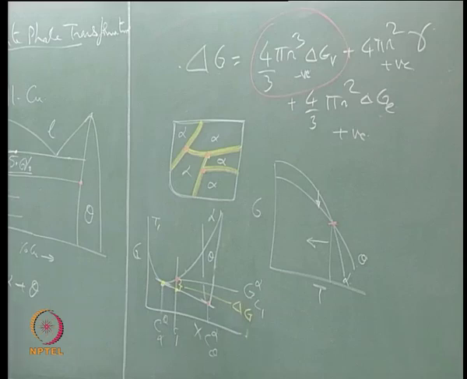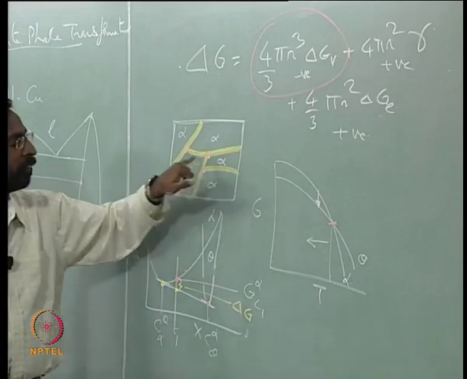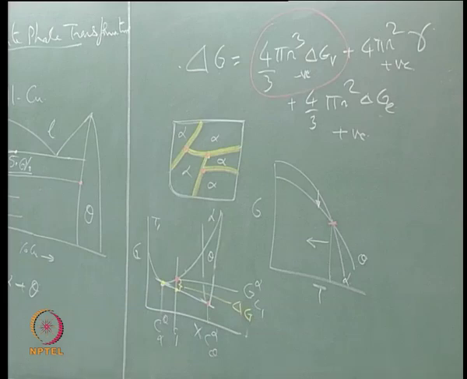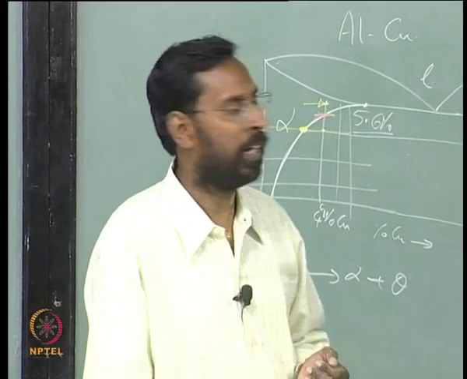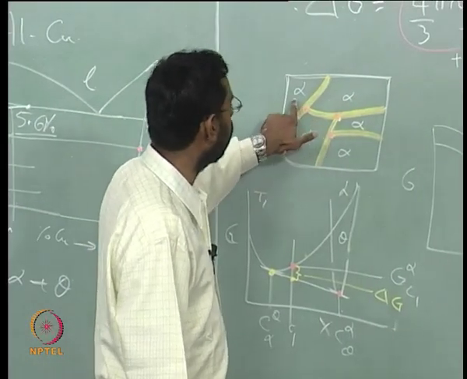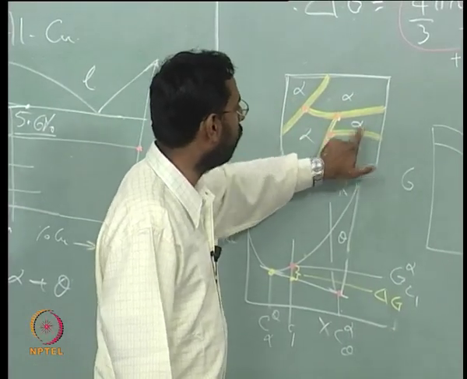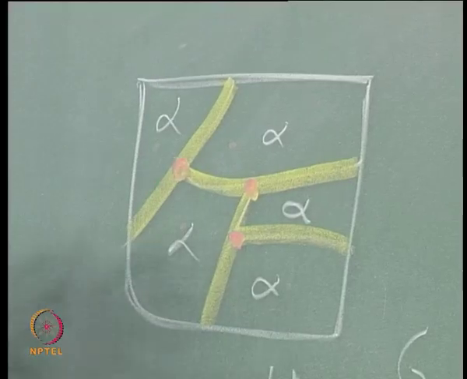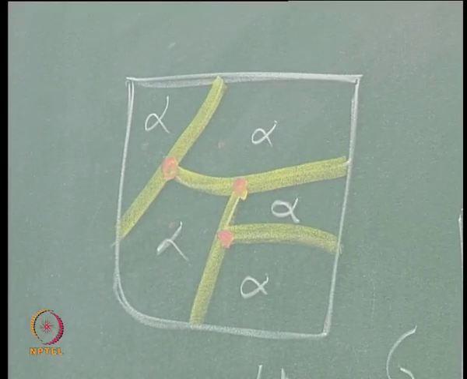Number 2 will be the triple junctions, number 3 will be the grain boundaries. Grain boundaries are where 2 grains meet, triple junctions are where 3 or more grains meet. So this is a triple junction where these are meeting, whereas this line is where 2 grains are meeting, which we call a grain boundary. These are the regions where nucleation takes place.